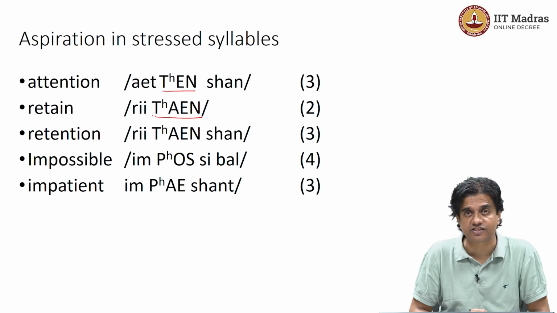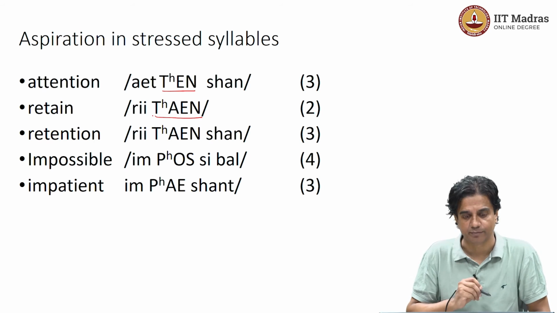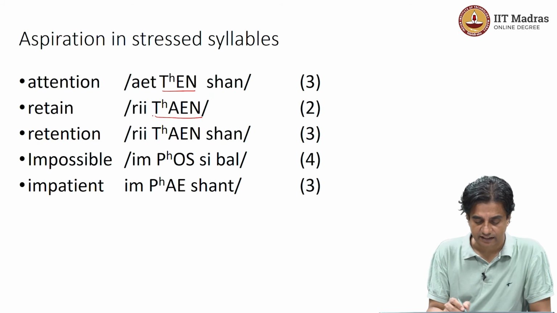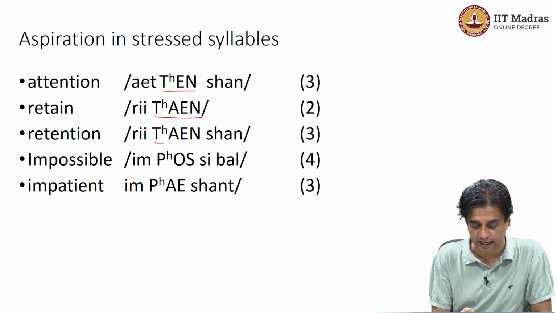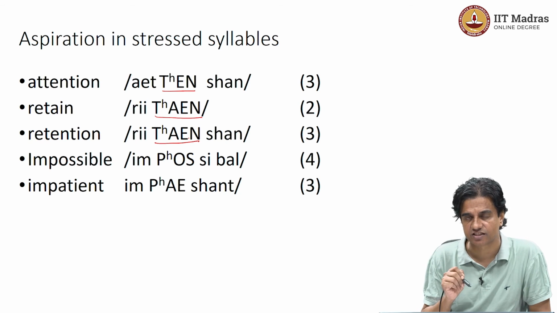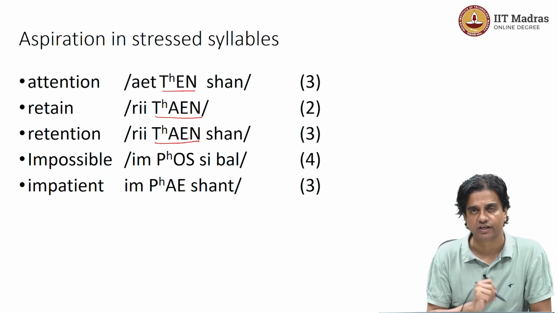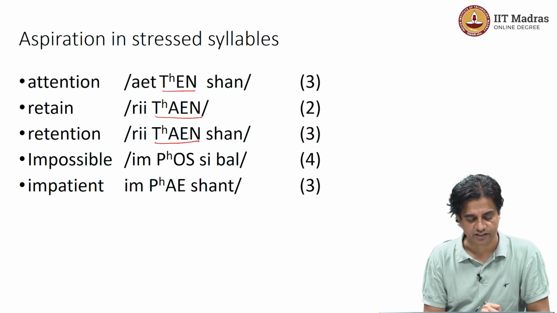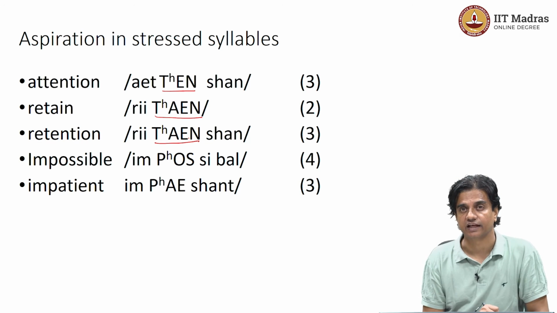In a word like retention, three syllables, the stressed syllable has a voiceless stop, ta, at the syllable initial position in a stressed syllable. Therefore, it gets aspirated and we have a word sounding like retention, retention.